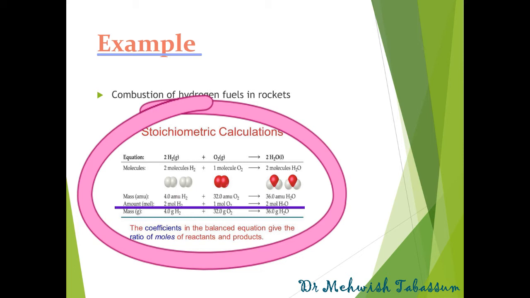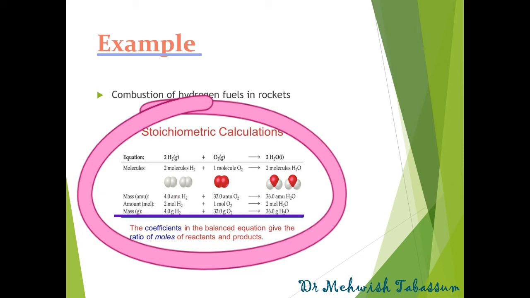On the other hand, the same calculation for oxygen. One molecule of oxygen carries atomic mass unit 16, while 2 molecules of oxygen give you 16 by 2, which gives you 32. 32.0 atomic mass units. Same is the case with water. The relative Mr of water is 18, so 18 by 2 gives you 36. So all in all, on the reactant side, 32 grams of oxygen plus 4 grams of hydrogen. 32 plus 4 gives you 36.